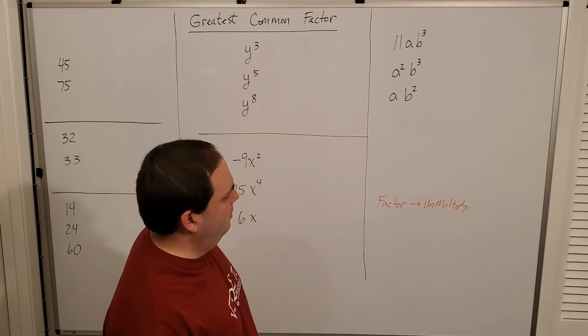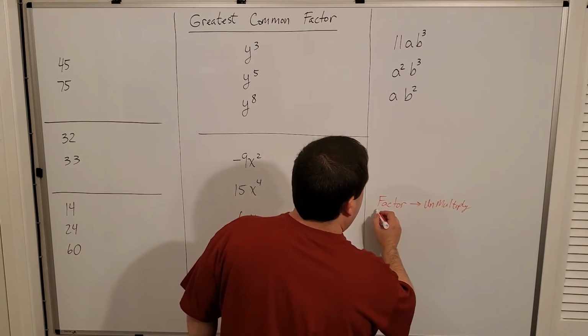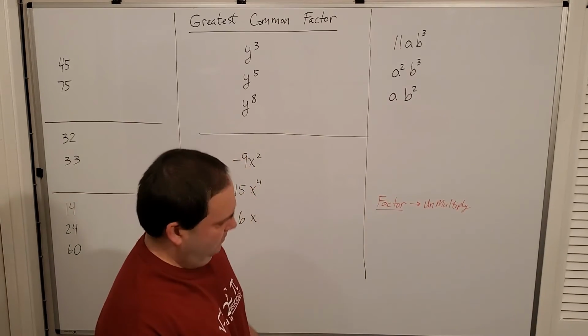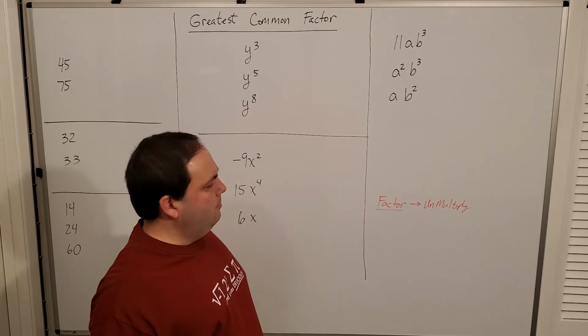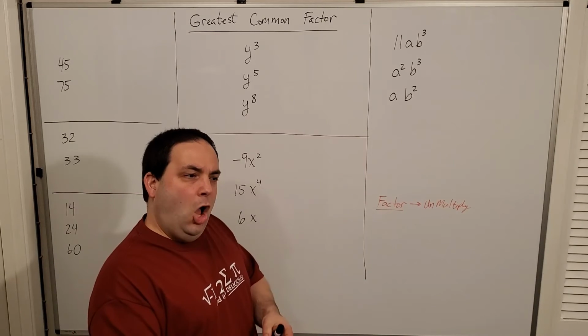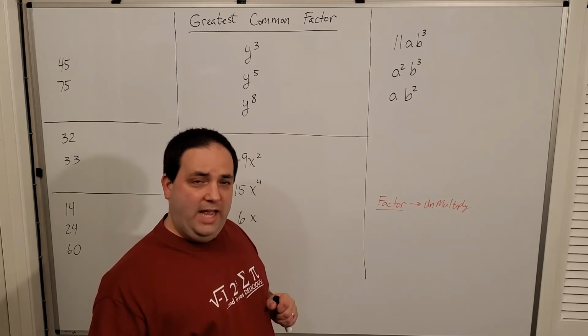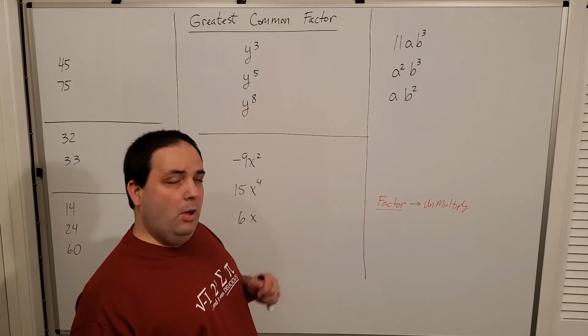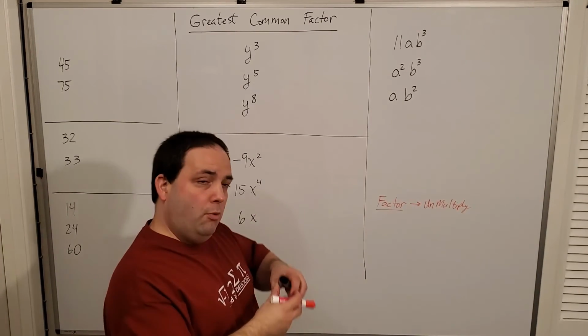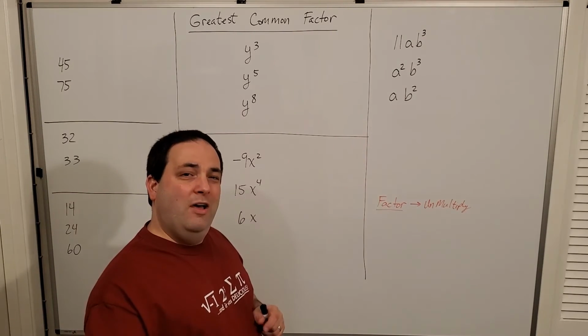And you might think, well, Professor Simon, is that division then? Not exactly. Unmultiplying just simply means undoing the multiplication. Now, sometimes you can use division to help you with that idea, but when you want to factor something, you're breaking it up into what we call factors.